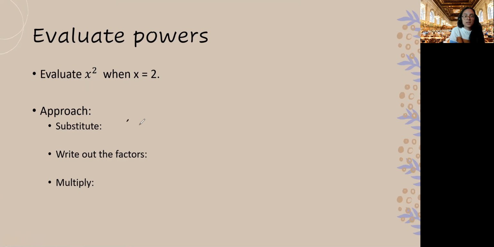So I'm going to write 2 squared. And you can write out the factors, so we're going to write 2 times 2. Our base is 2, and we are going to multiply it 2 times, 2 factors of 2. So now we multiply, and that will give us 4. Okay? Let's try another example.